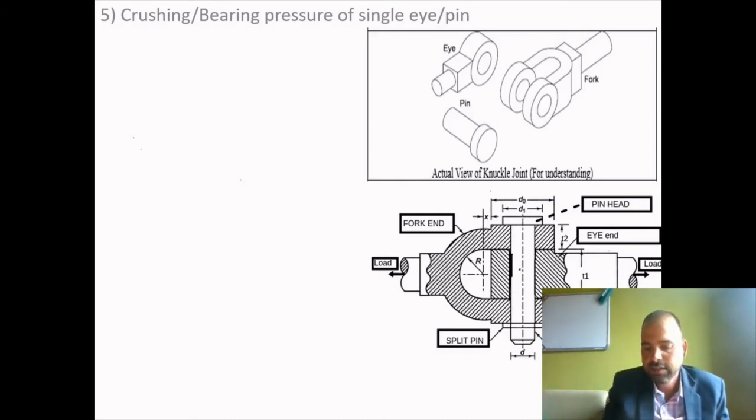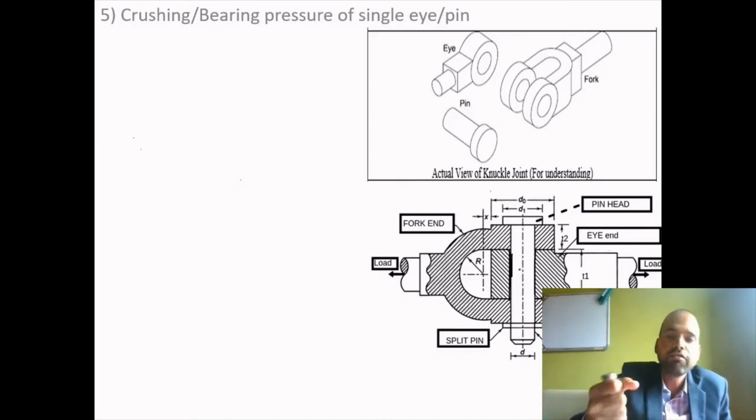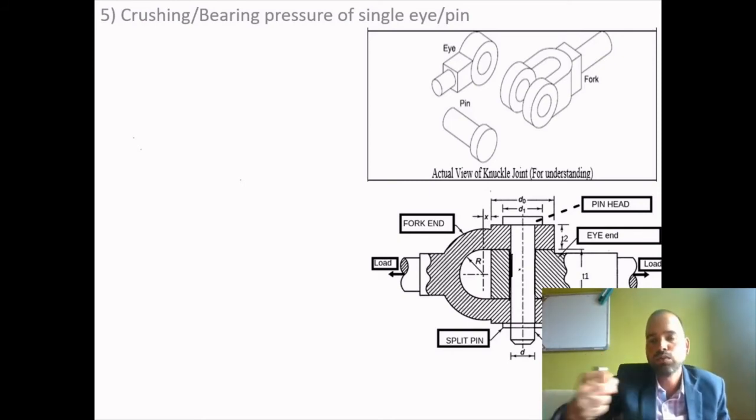For example, the area where the single eye holds the pin will try to crush due to the movement of the knuckle joint, and it will try to crush or compress it. But in this case, we are not going to call this compressive stress. This is called crushing stress, because the whole surface is getting compressed.